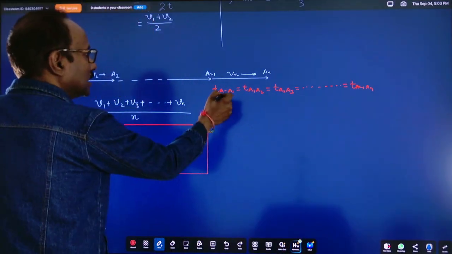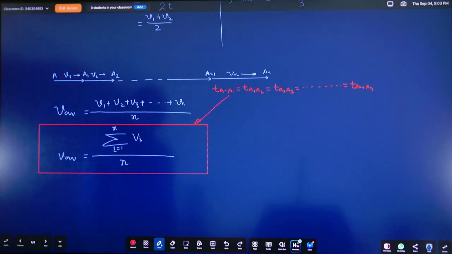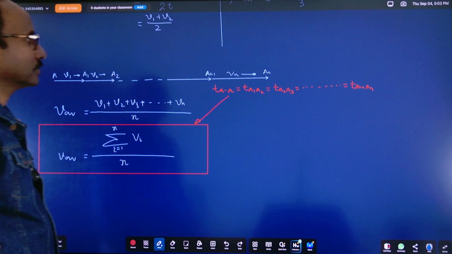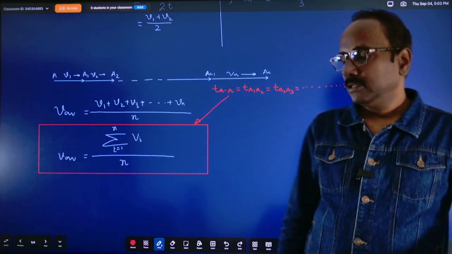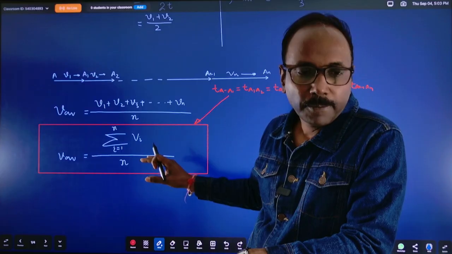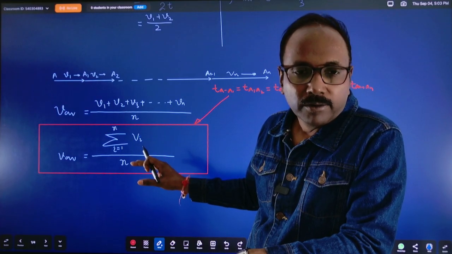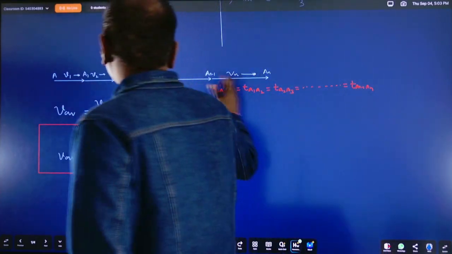So for this condition, this equation is valid. This equation will be very useful in handling the question where the different velocities will be involved for covering a distance.